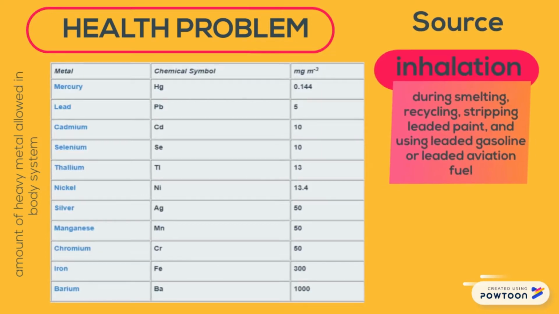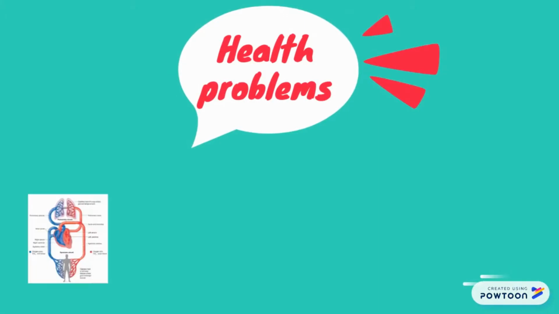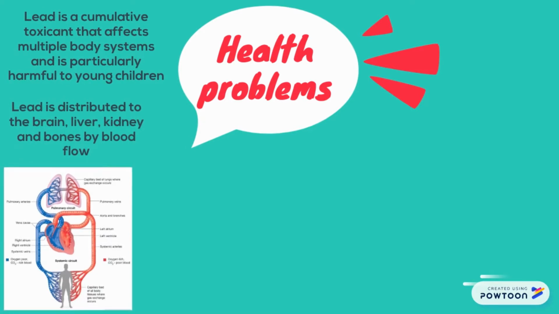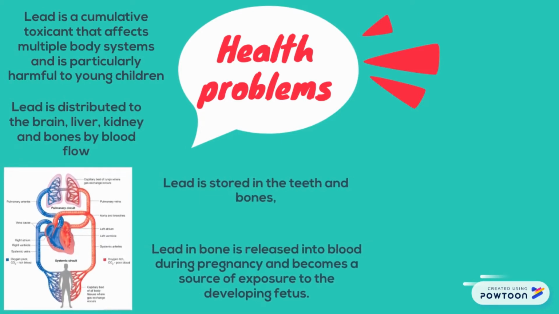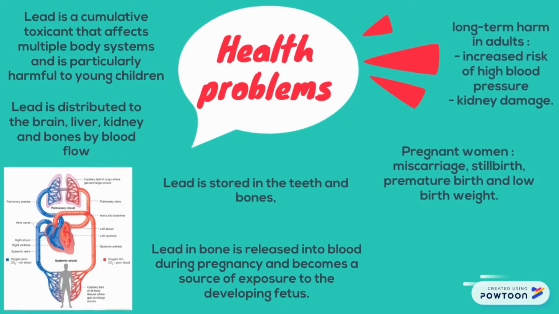An excessive amount of lead could cause health problems. Lead is a cumulative toxicant that affects multiple body systems and is particularly harmful to young children. For pregnant women, lead can cause miscarriage, stillbirth, premature birth, and low birth weight.